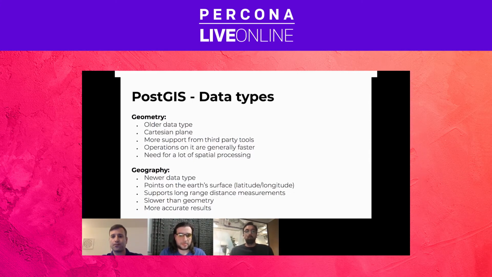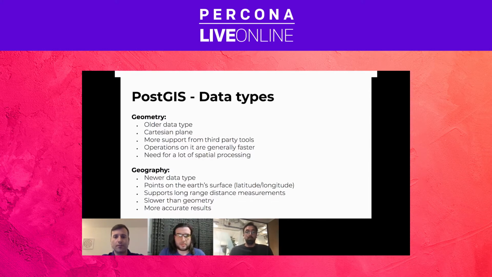It has greater support from third-party tools, and operations on it are usually faster. Geometry is also best if you are pretty comfortable with spatial reference systems, or you are dealing with localized data where all your data fits in a single spatial reference system, or you need to do a lot of spatial processing.